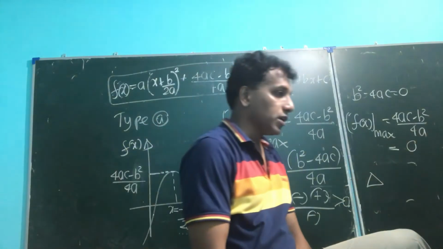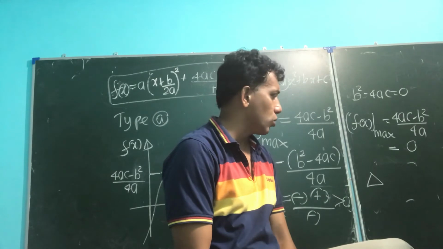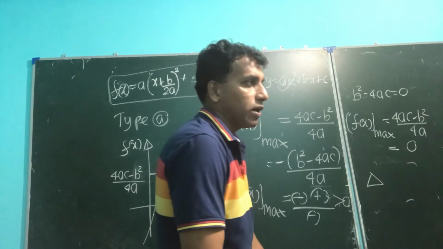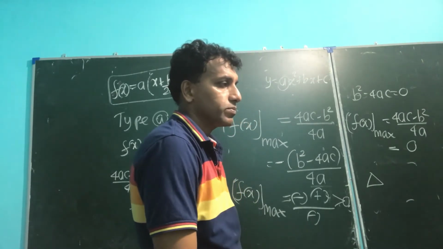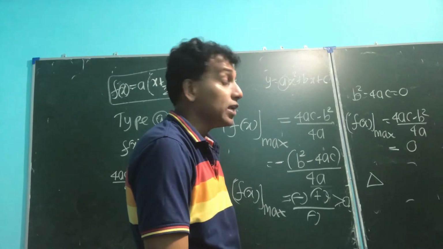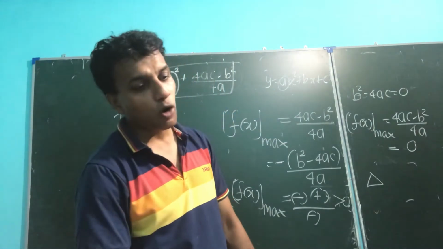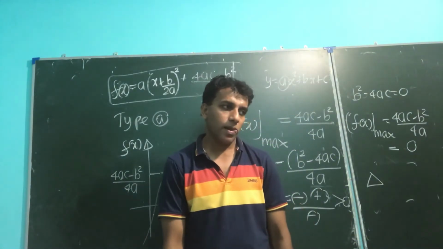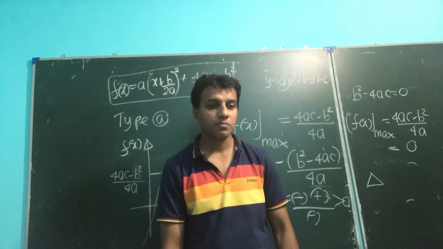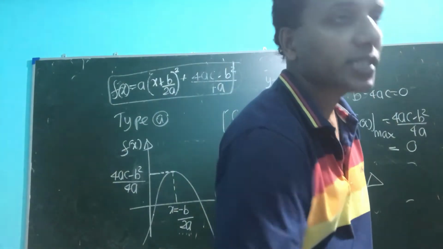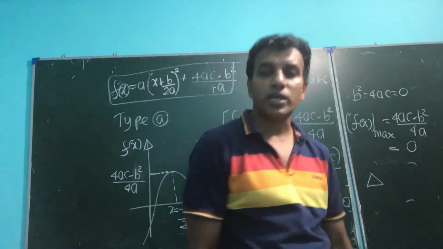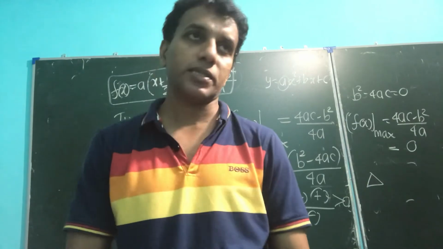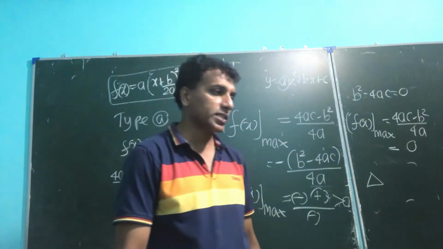If A less than 0 and delta equal to 0, the given quadratic function has a zero maximum. That is, the function touches the x-axis.